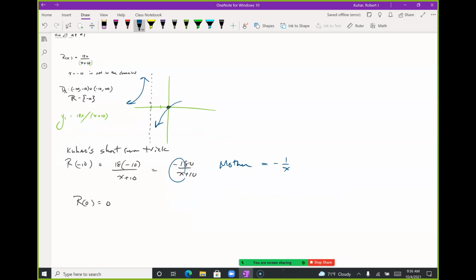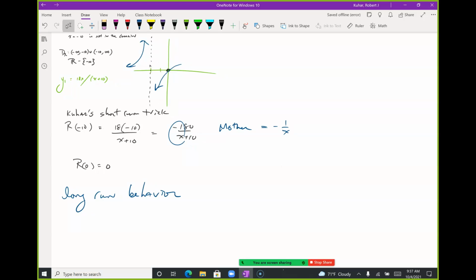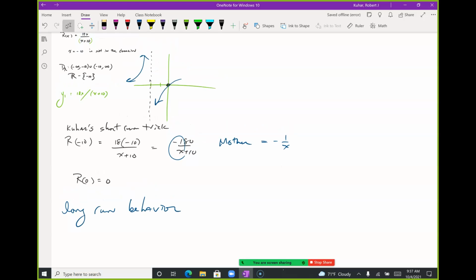And the long-run behavior on this one is I let x go to infinity and see what happens. As x goes to plus or minus infinity, 18x over x plus 10 behaves like 18x over x. I like to think of x as money.